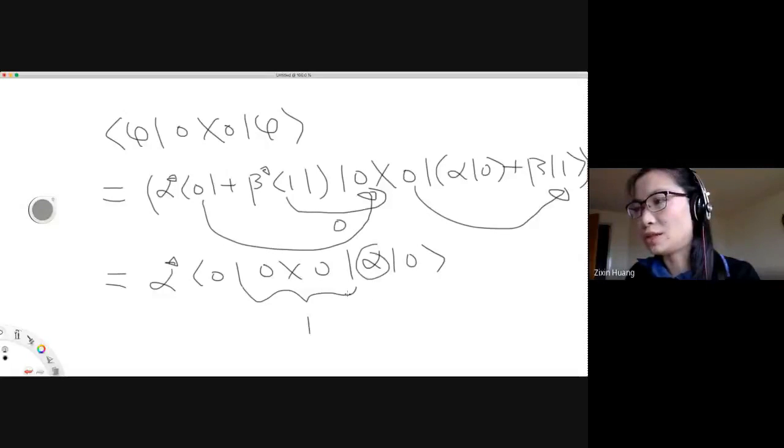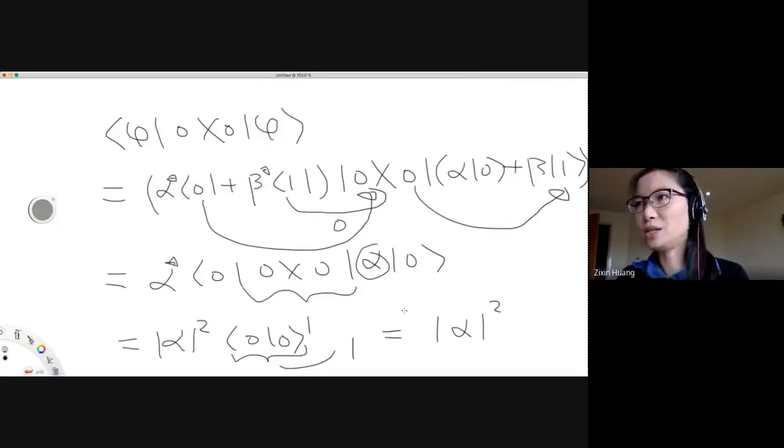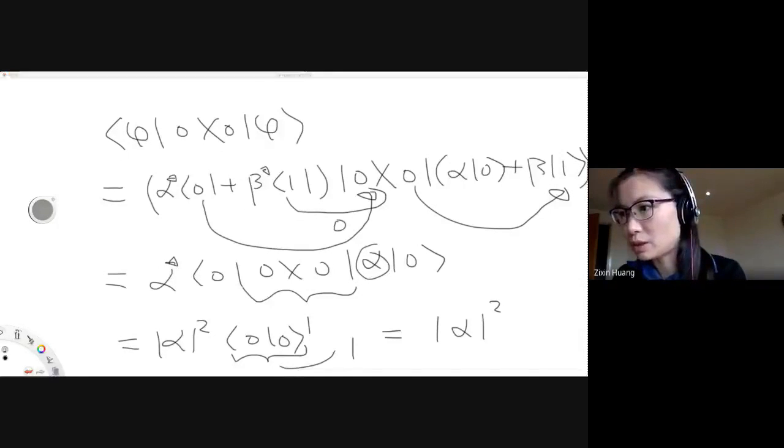Alpha here is just a scalar, so we can pull this up front. So you end up with alpha, alpha absolute value squared plus 0, 0, and this becomes a 1 scalar. So you just end up with alpha squared. So this is as expected, because if you start off, wait, let me go back to the presentation.